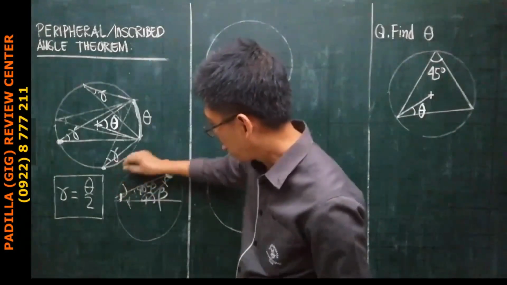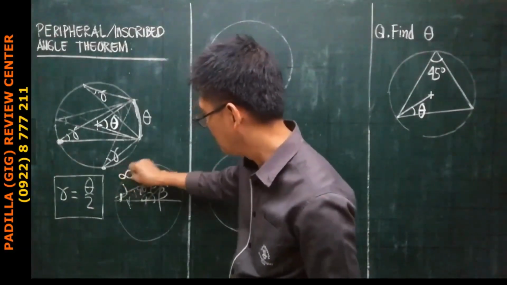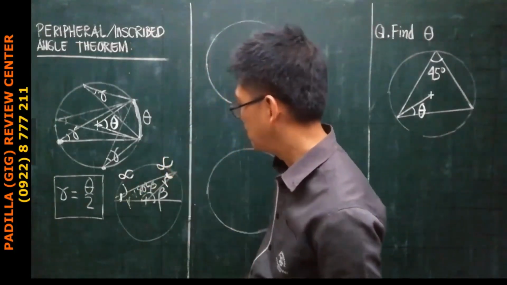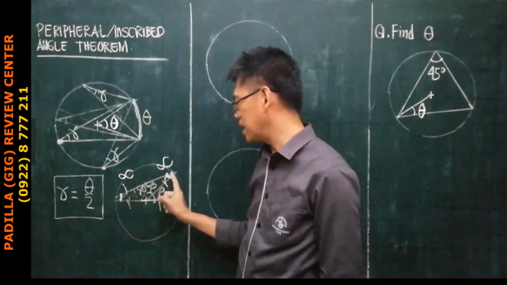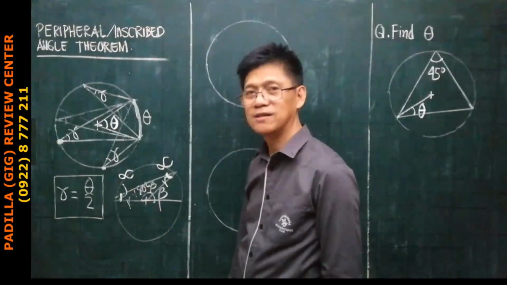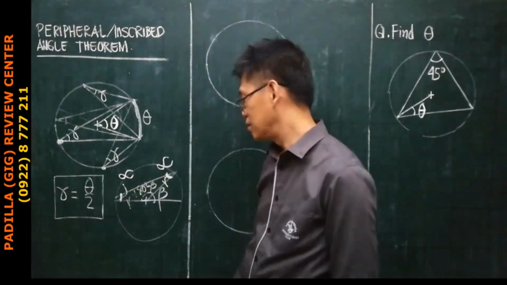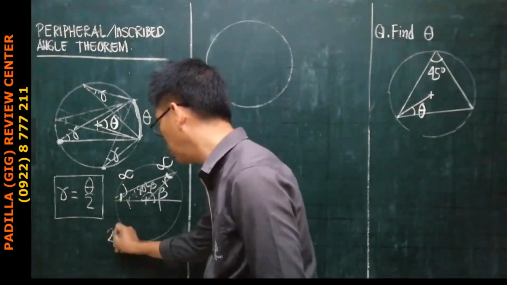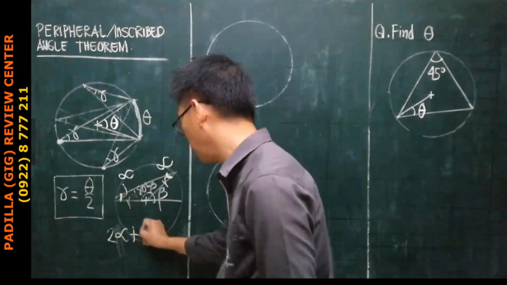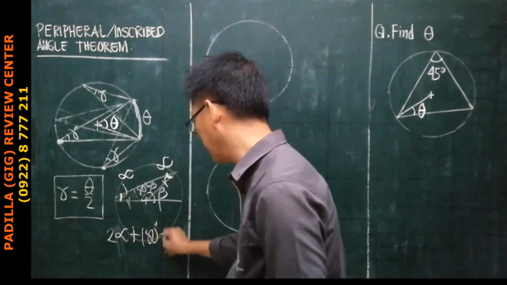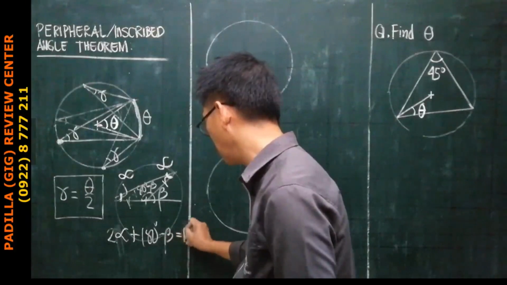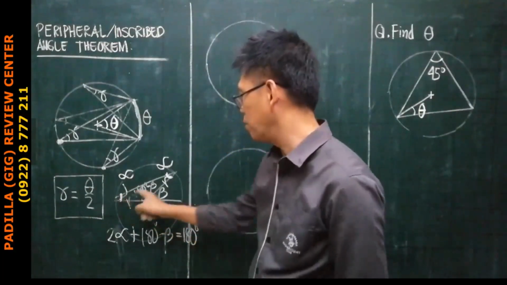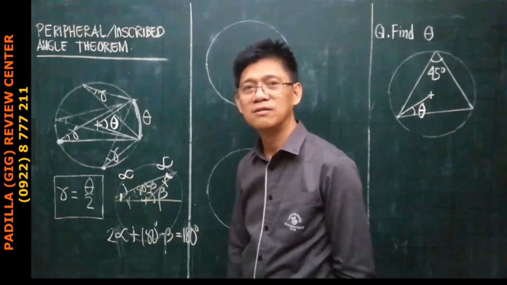I call this alpha. So alpha plus alpha plus this must be 180, right? So I have 2 alpha plus 180 minus beta equals 180 degrees, the sum of interior angles of a triangle.